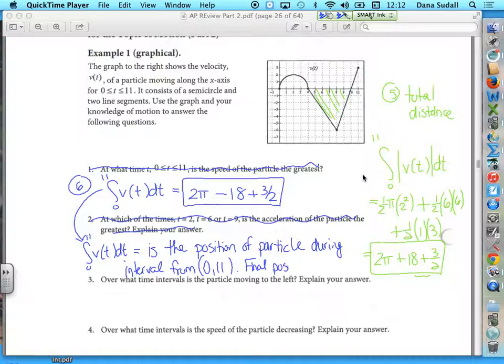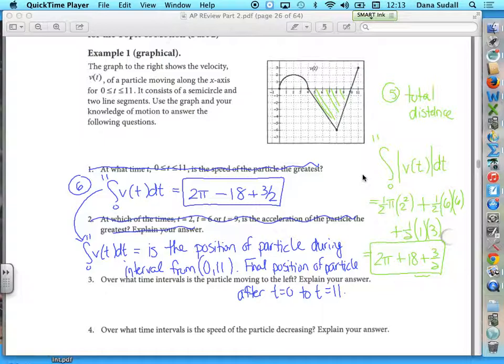So final position of that particle. What are our units in this? Did they say? They didn't say. All right, so from t equals 0 to t equals 11, it's going to be that final position then.